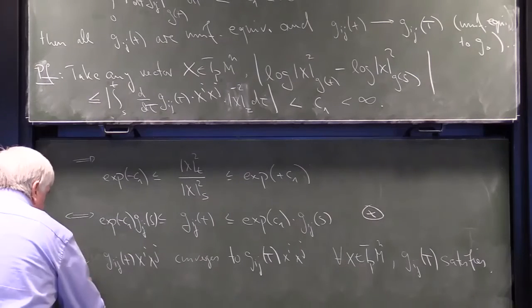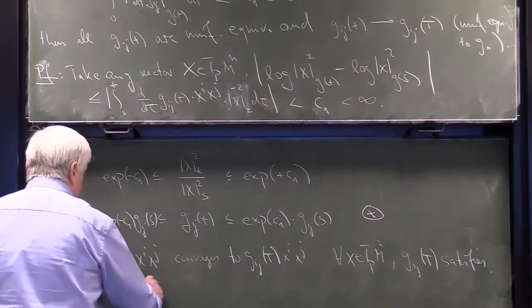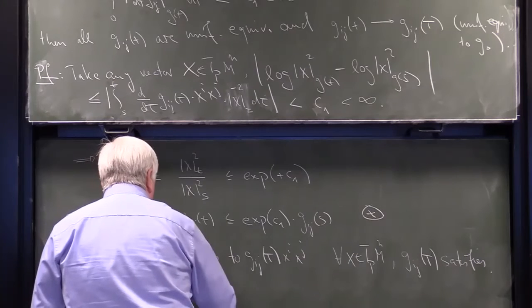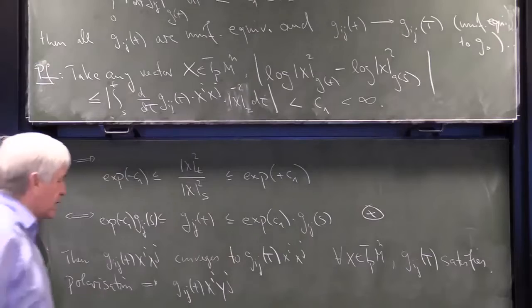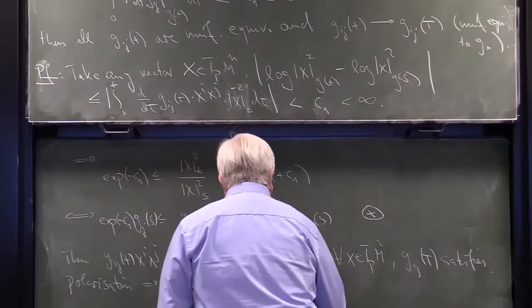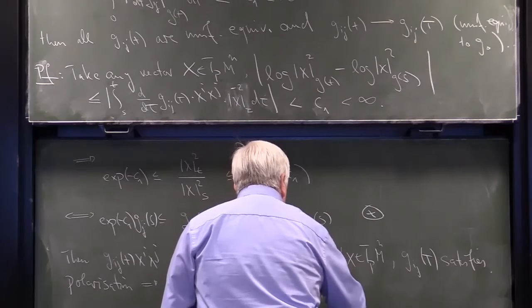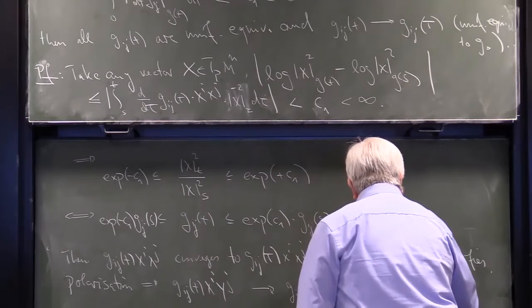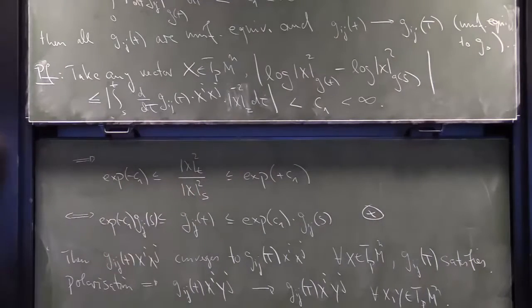So just use polarization, and you get that gij(t) xi yj converges to gij(T) xi yj for all x, y in TM. Okay, and this is proving this little lemma.